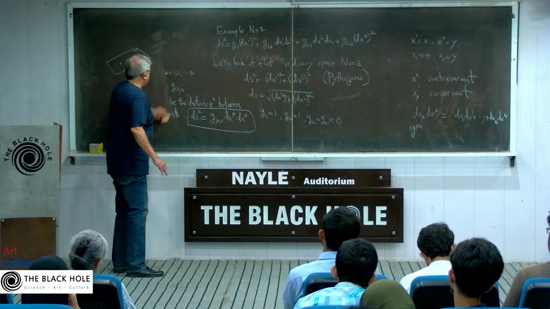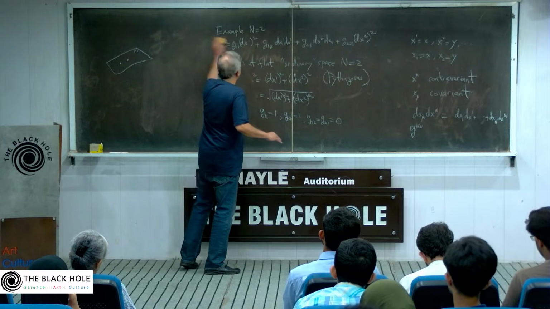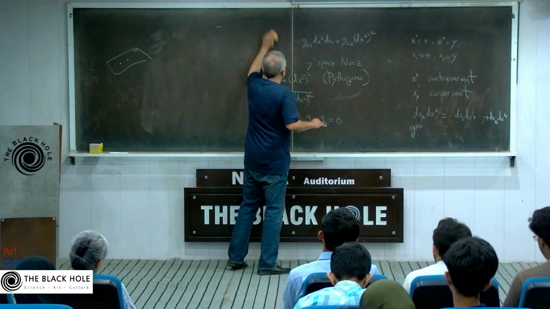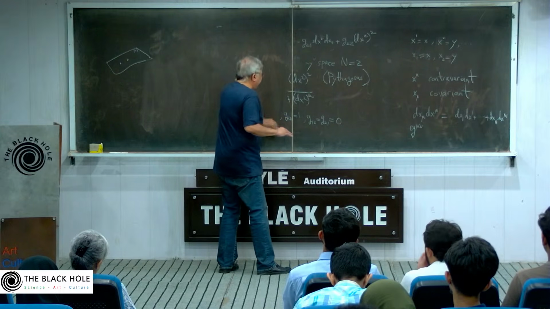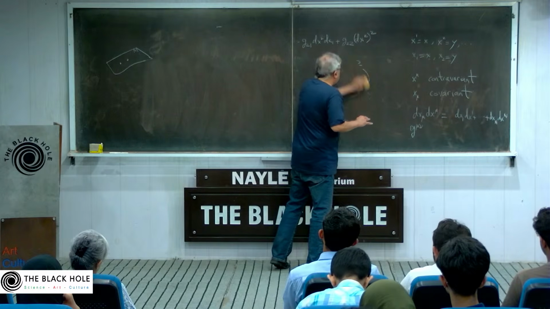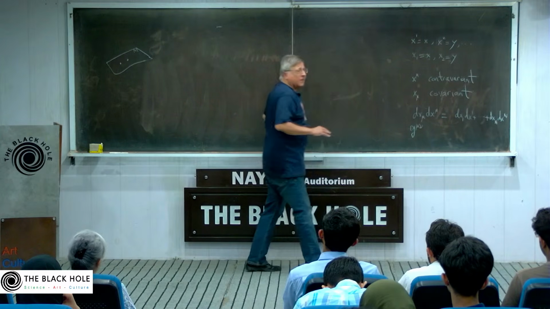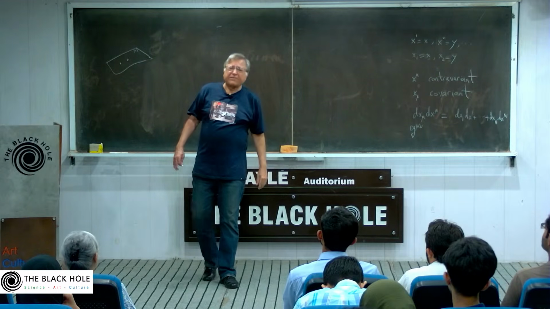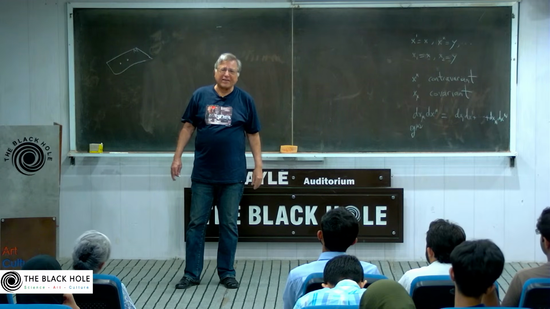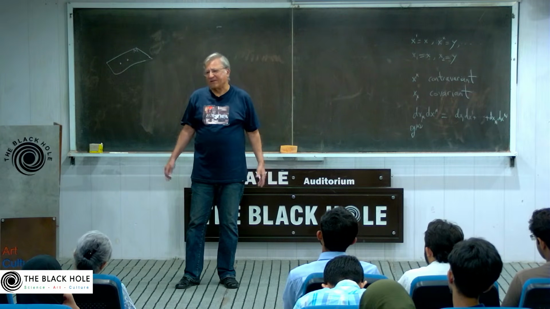Okay, so that's how we define distances in a flat space using Pythagoras' theorem. But let's come to a curved space, and the simplest curved space that you can think of is a circle.